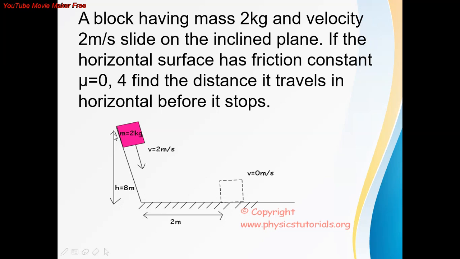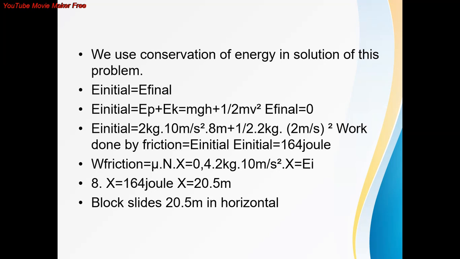Now, as you know, this height is h equal to 8 meter and v equal to 2 meter per second. So there is definitely potential energy mgh, and there will also be initial kinetic energy, that is 1 by 2 mv square. So E initial equals EP plus EK, where EP is potential energy, EK is kinetic energy, EP is mgh, and EK is 1 by 2 mv square.